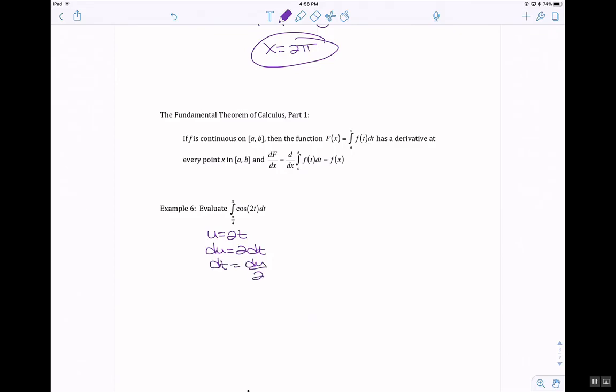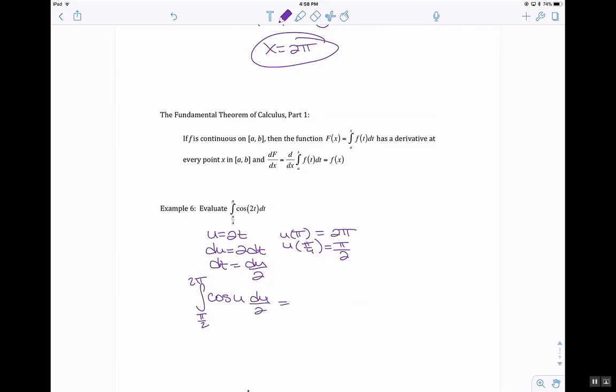And then I need to find u of pi and u of pi over 4, which is 2 pi and pi over 2. So then I take my integral, pi over 2 to 2 pi, cosine of u du over 2.